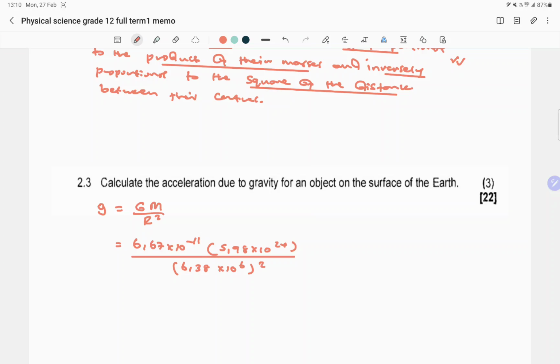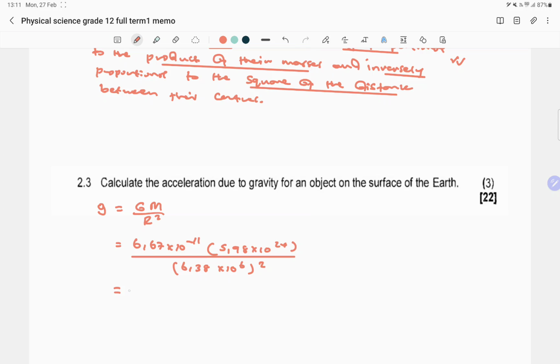Alright guys, so here the key is that if you do a wrong calculation, you're not going to get 9,8, isn't it? Yeah, 6,67 times 10 to the exponent minus 11 into 5,98 times 10 to the exponent 24 divided by 6,38 times 10 to the exponent 6, and then we're squaring it.